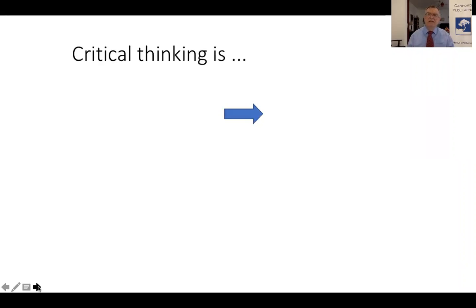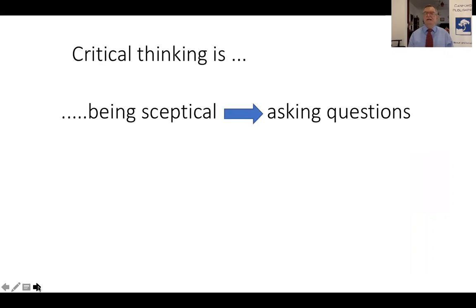But before I look at advertising in a bit more detail, let's go back to thinking about critical thinking. We know that it is really about challenging conventional wisdom, looking for truth and accuracy and facts, and being skeptical. We can sum it up as being skeptical about what we see. And that leads to asking questions, and that really is the heart of critical thinking.